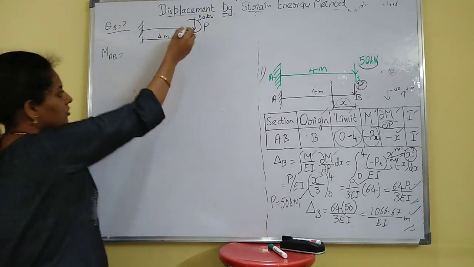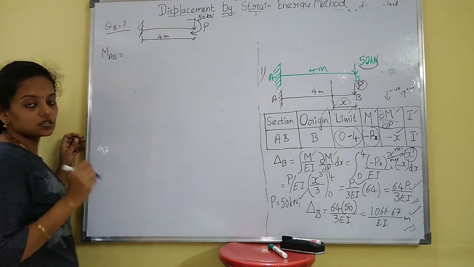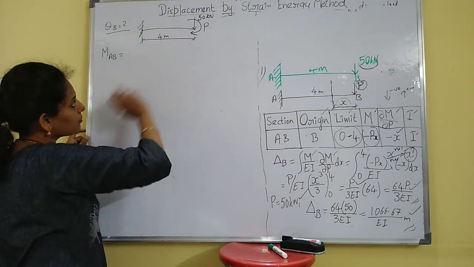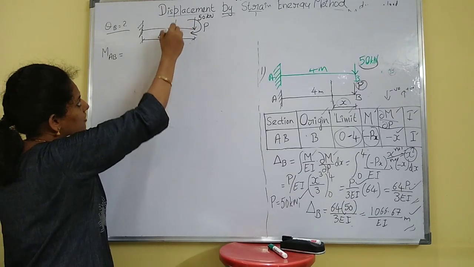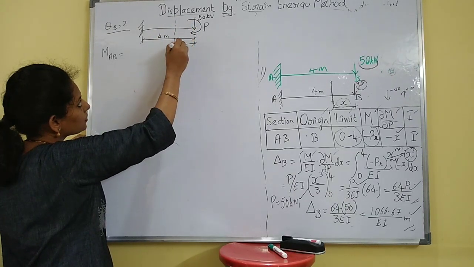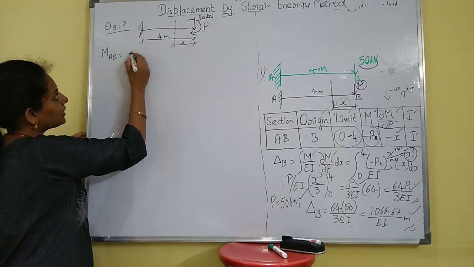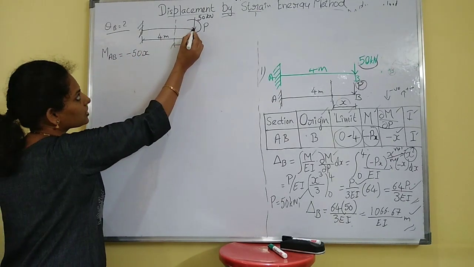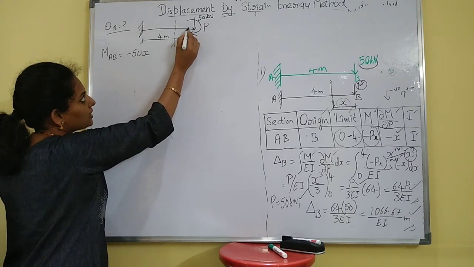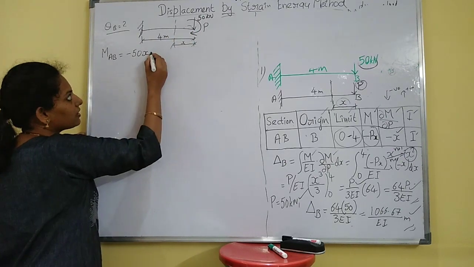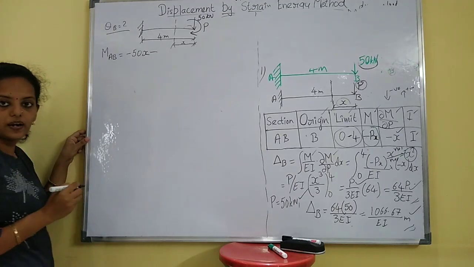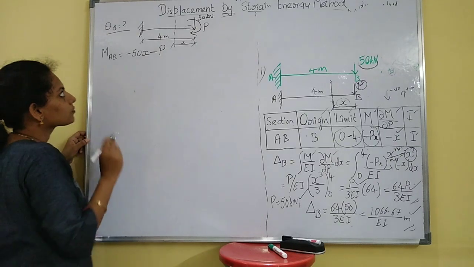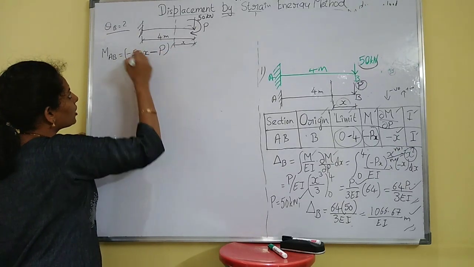You have to consider this part. For this M_AB, the bending moment at this point, distance x, downward is negative, so minus x. And this beam bends upward, that is hogging bending moment, that is minus, so minus P. This will be your M.